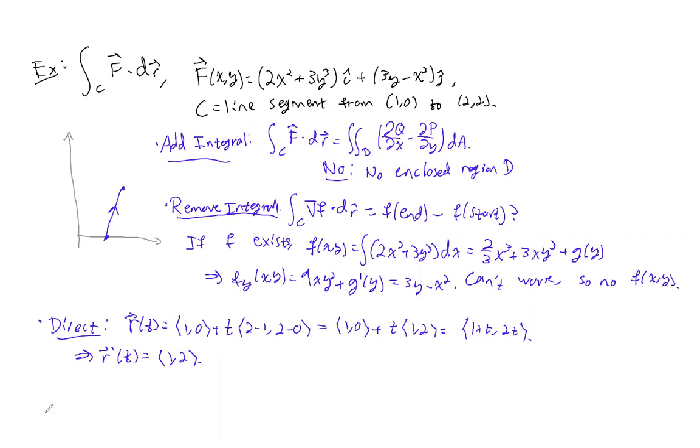And if you want to actually go off and do this and plug this in and everything, this is the integral from 0 to 1. Oh, that's the other important thing here, is that this parameterization is for t going from 0 to 1. And I'm just going to set this up because this isn't really difficult to do once you do the algebra.